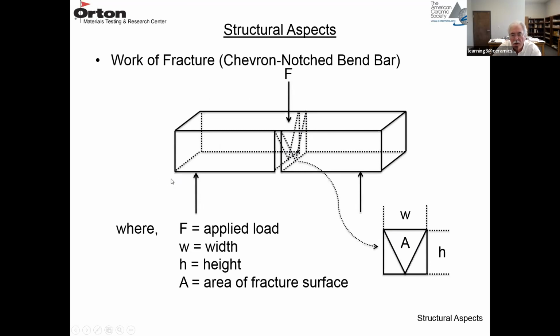Same type of arrangement, a simple 3-point bending. The lower knife edges, you apply a force in the center. W is the width of the sample. H is the height of the sample. And A is the area of this triangle. That's the ligament that's holding the sample together.